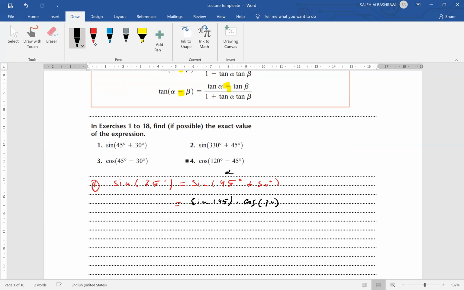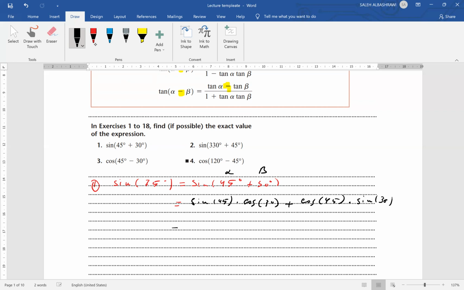This is alpha, this is beta. So it is sine cosine, plus, now reversed, cosine 45 multiplied by sine of 30.